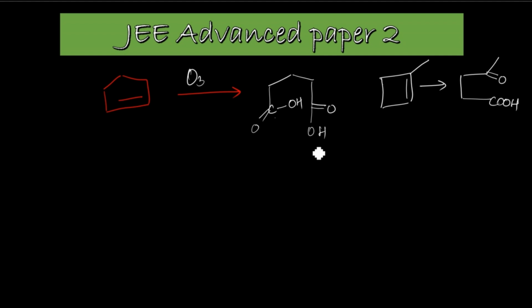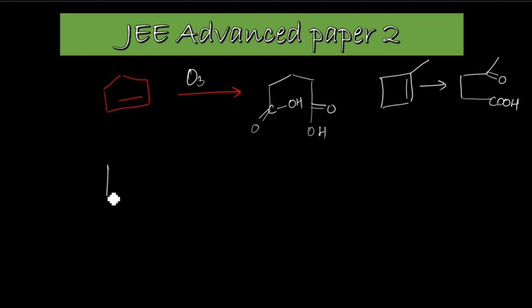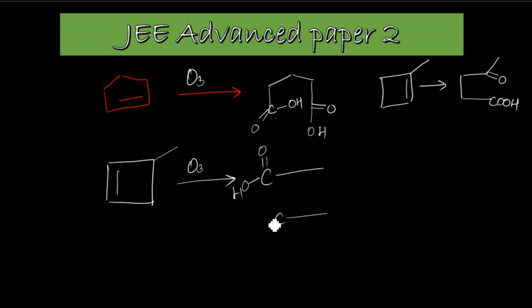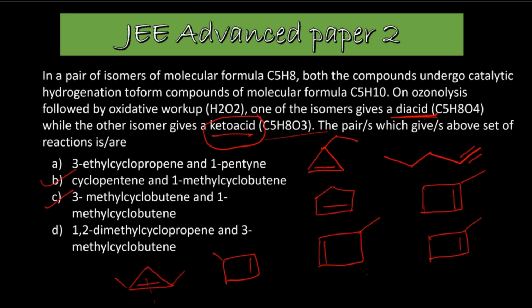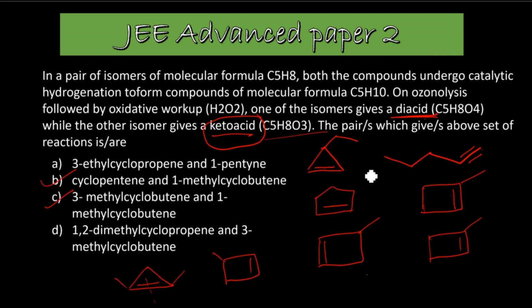So this is keto acid and this is diacid. Similarly, I am taking option C. So option C, like this, on ozonolysis will give you the carboxylic acid COOH, and this side also COOH. Here I am having the substitution, and the other one is the same as this one. Okay, so that can give you our keto acid. So the answer to this question is option B and C.